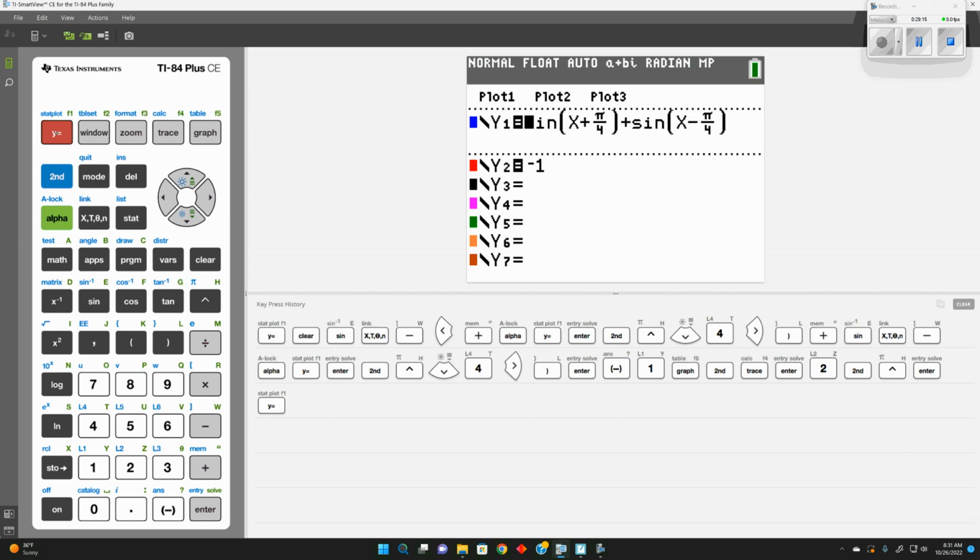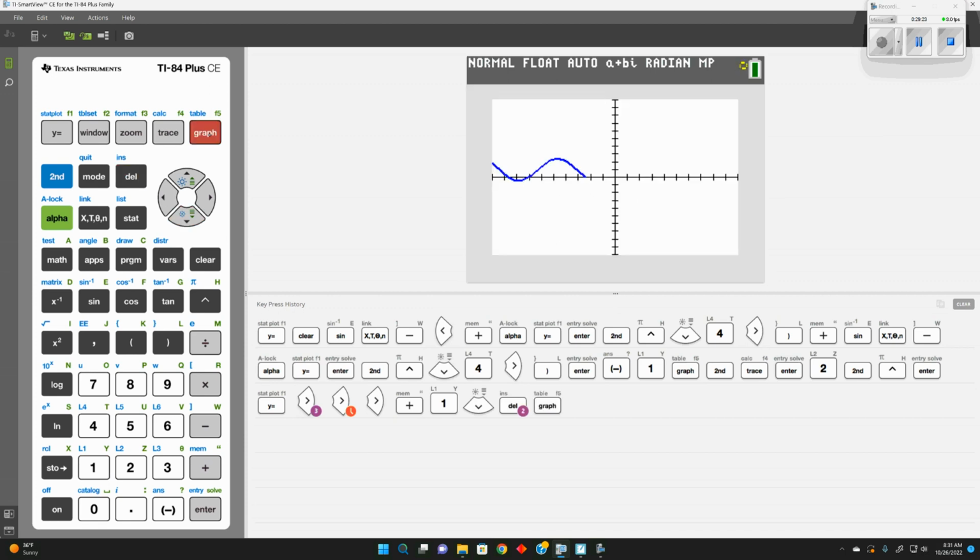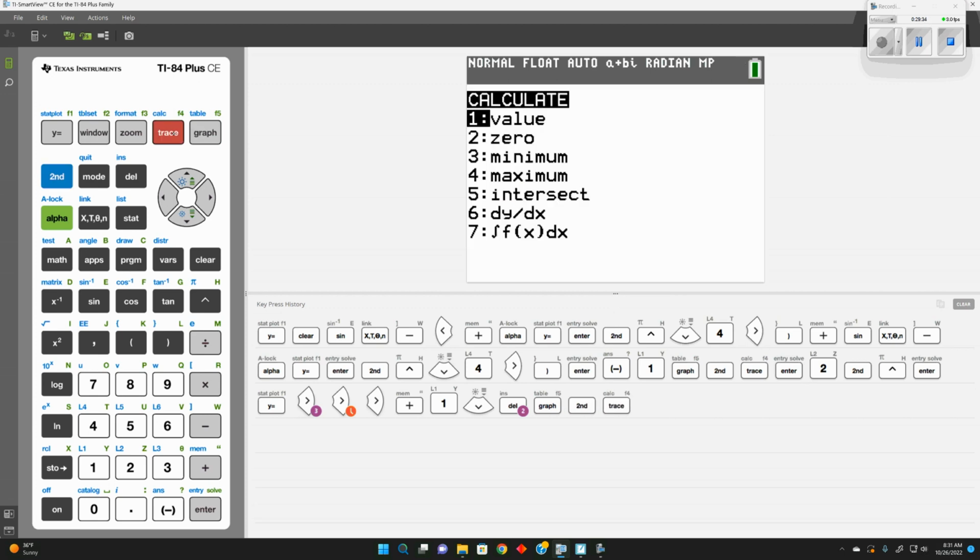Now, again, the other way we could have done this is added 1 to both sides, got it equal to 0. Again, we have 2 places that it intersects. And we could have found intersection or zeros. Zero, number 2, 5 is intersection.